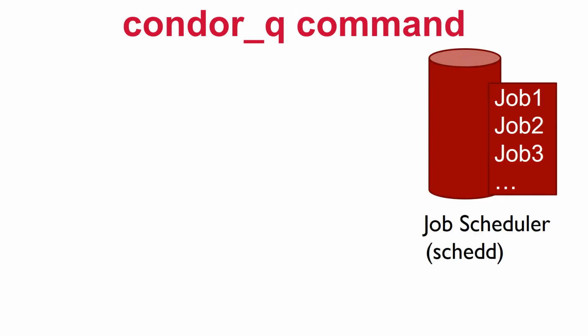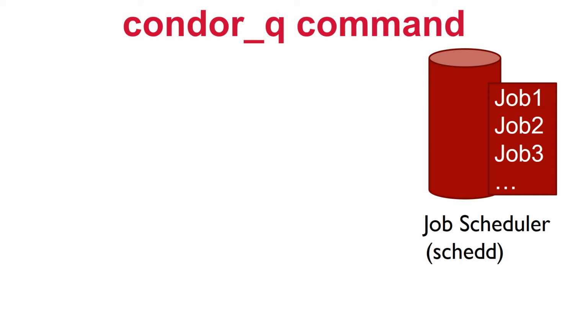Before we get to that, we need to learn just a little bit about how condor_q works under the hood. condor_q works by querying an HTCondor schedd. The schedd holds all the information about active jobs in the system. Active jobs are ones that haven't completed yet. This information is stored in an HTCondor ClassAd, one ClassAd per job.